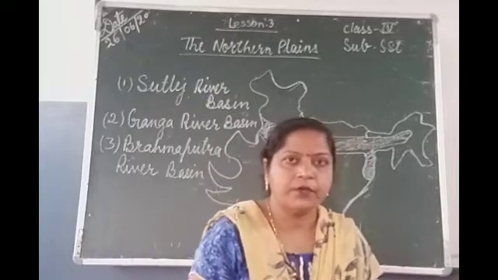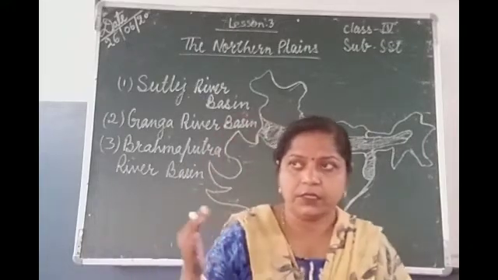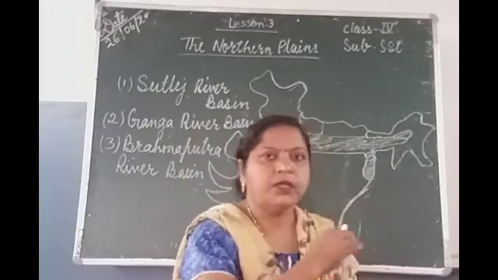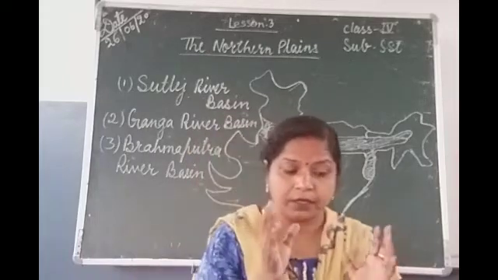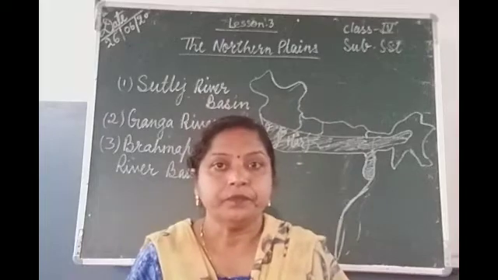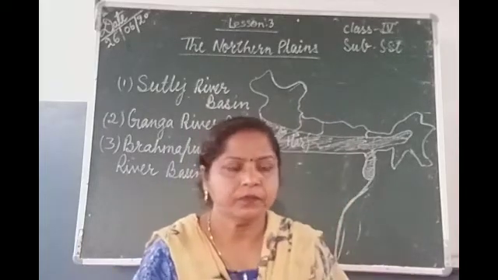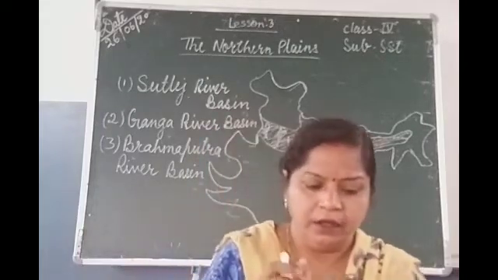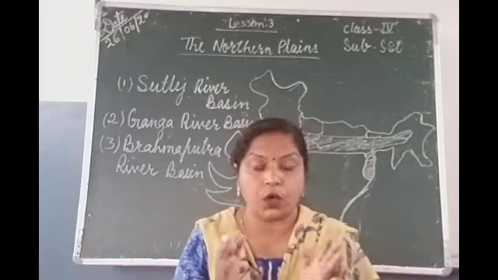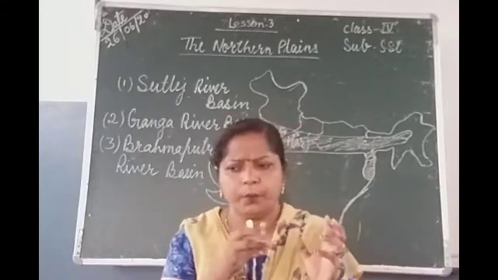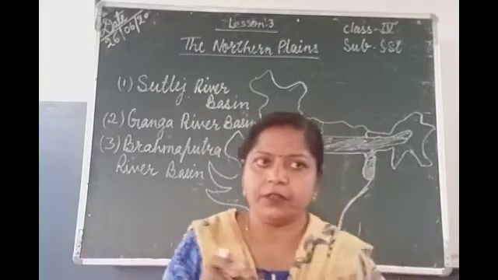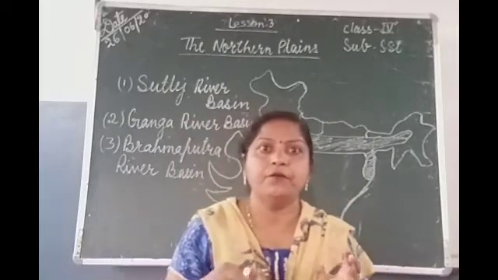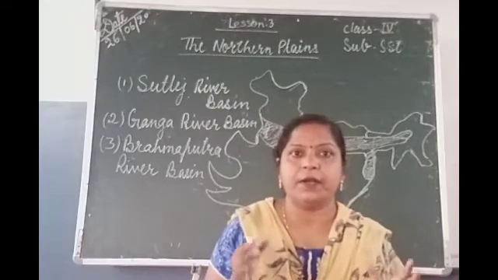So this Brahmaputra river, when it comes to Assam and enters the country Bangladesh, is joined with the Padma river, that in India we call Ganga, and the Brahmaputra combined with Ganga goes and makes the world's largest delta, that is the Sundarban Delta.